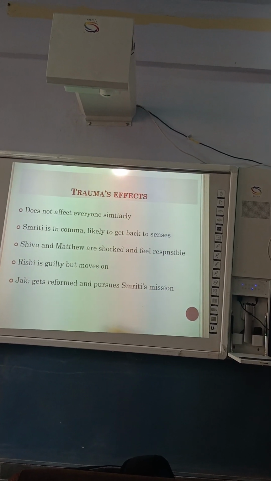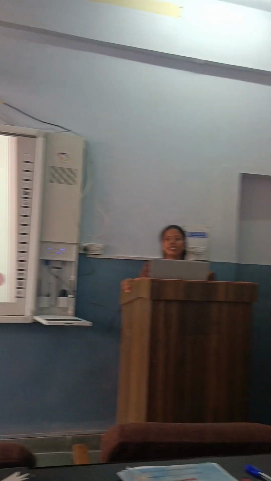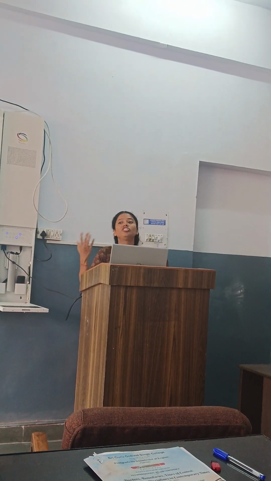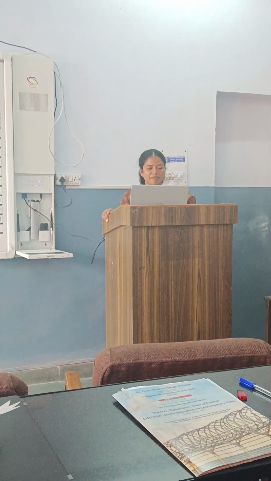Now, trauma's effects on different characters in this novel. It does not affect everyone equally. See, the traumatized character is marked, but because of the transgenerational and transhistorical element, the contagion feature of trauma, the people who are narrating the story of Smriti, and the person, her own father, who is listening to the story again and again, are reacting differently to this traumatic event.